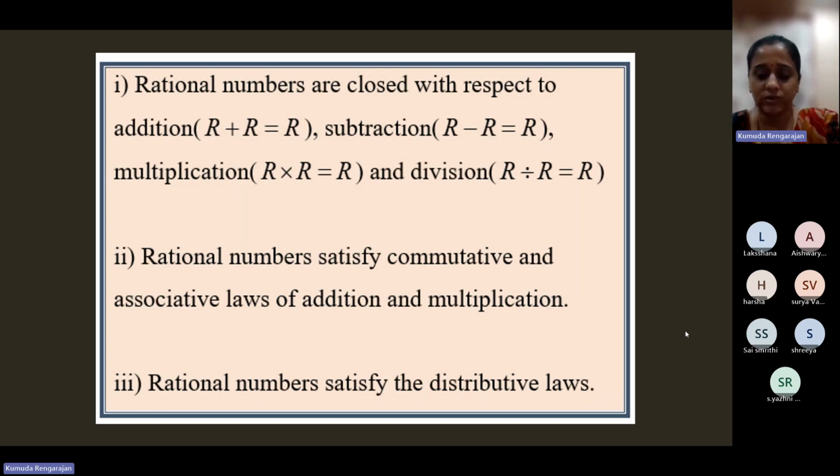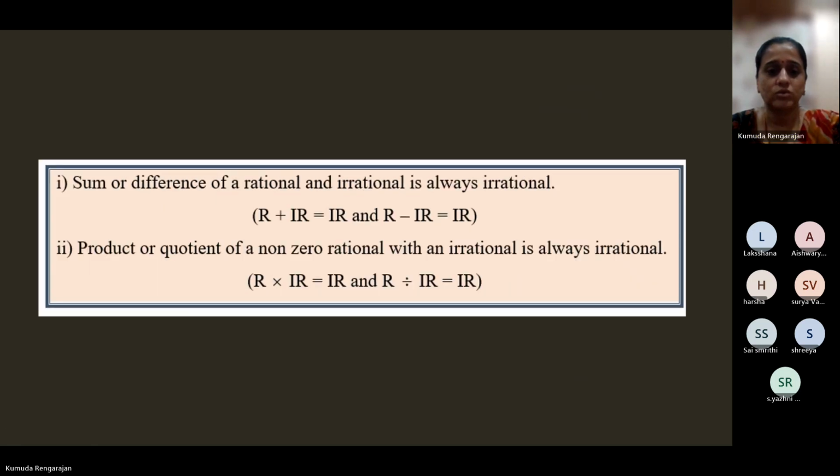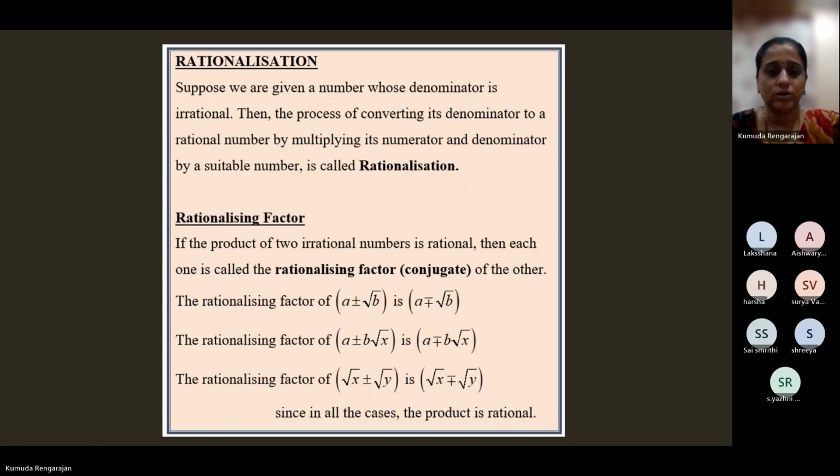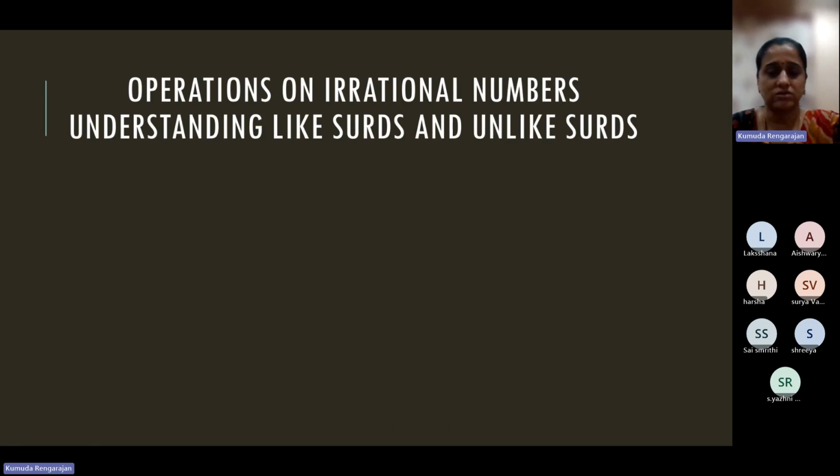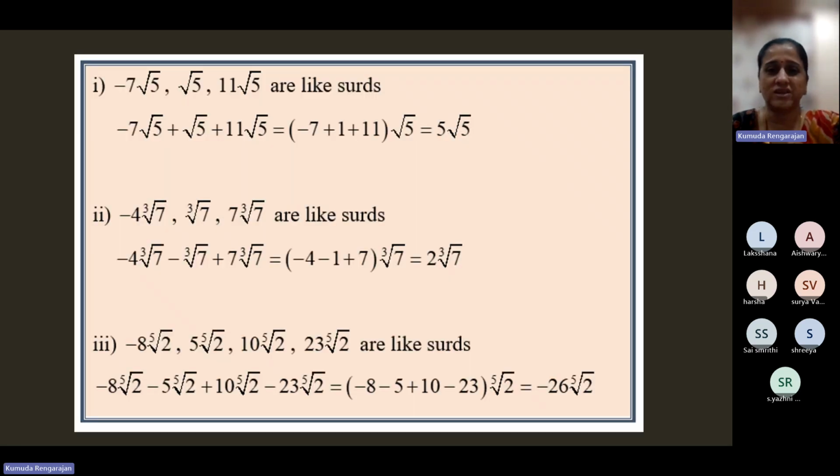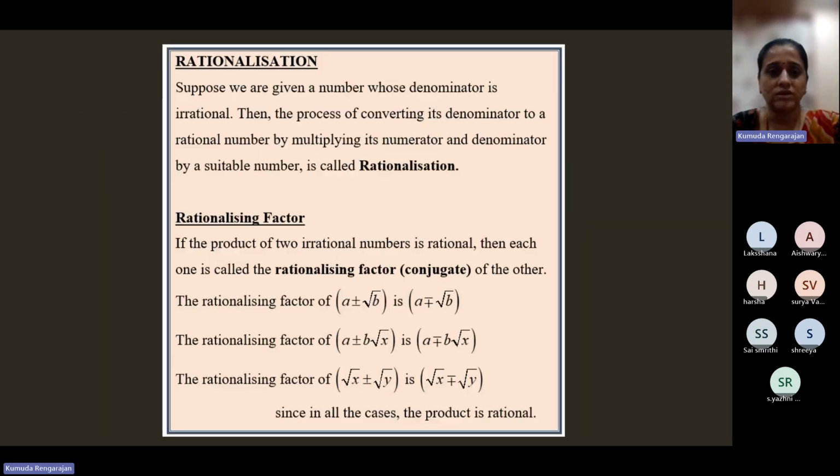See here, you need to write this one. 1, 2, this one, 3, 4. That's all. This was just for understanding. You don't have to write down all this. Anyways, we're going to use all these operations when we solve questions, so you don't have to make a note of all this.